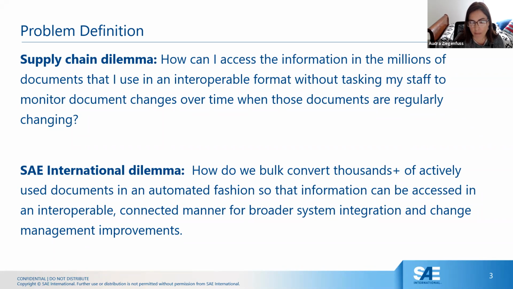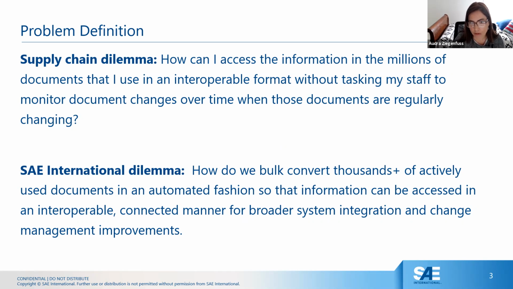Because SAE is one of many providers of industry standards, that became an SAE International dilemma, where we had to understand how to bulk convert thousands upon thousands of documents that we provide to the aerospace and automotive industries, particularly when the documents are actively being used and cited by regulatory bodies around the world.